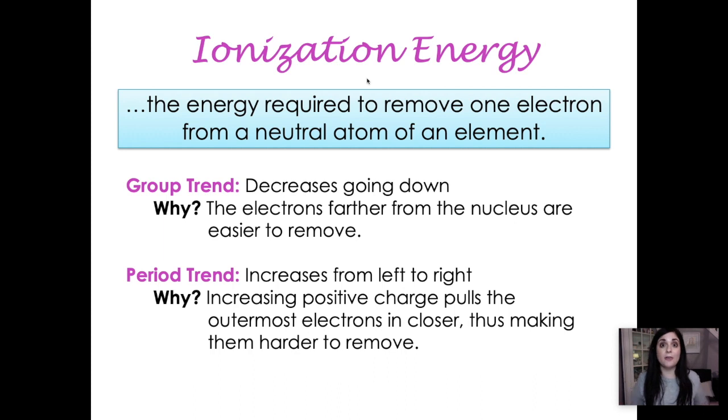They would much rather gain electrons. They say, heck yeah, come here, right? We want all the electrons we can get because we have a very strong nuclear charge and we don't have a lot of shells around the outside. So the increasing positive charge pulls the outermost electrons in closer, which makes them much harder to remove.